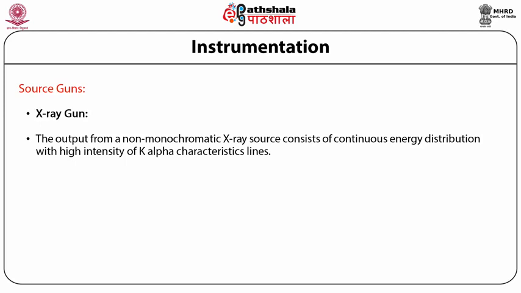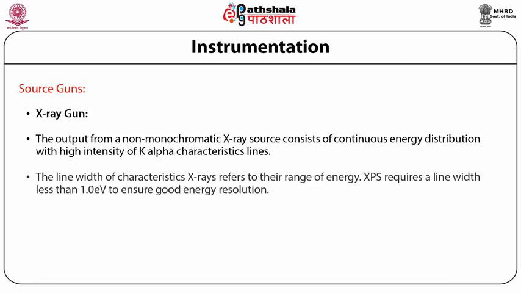The reason to choose lower energy X-rays is their narrow line width. The line width of characteristic X-rays refers to their range of energy. XPS requires a line width less than 1.0 electron volt to ensure good energy resolution.